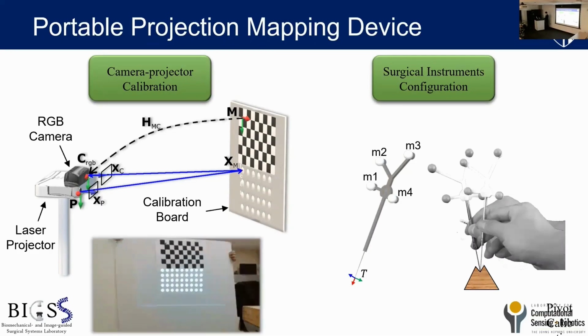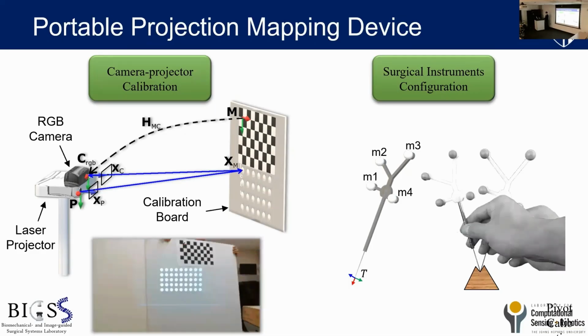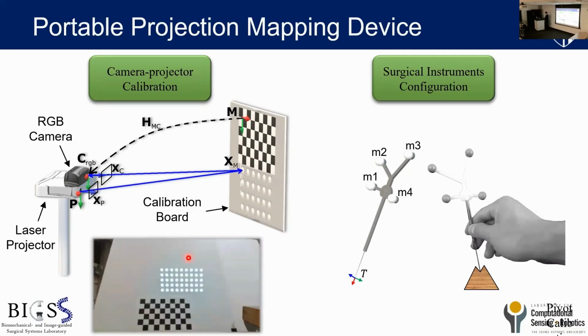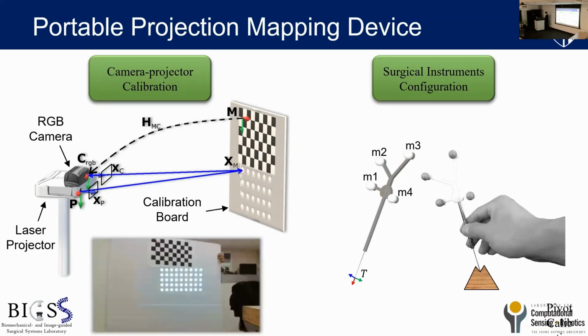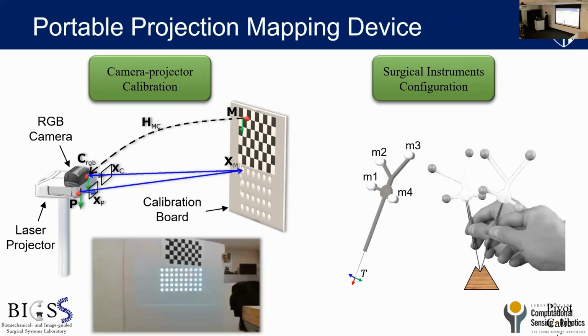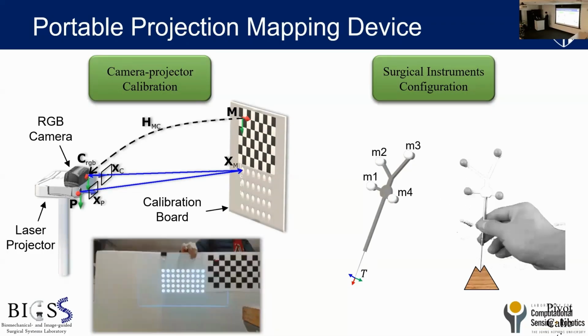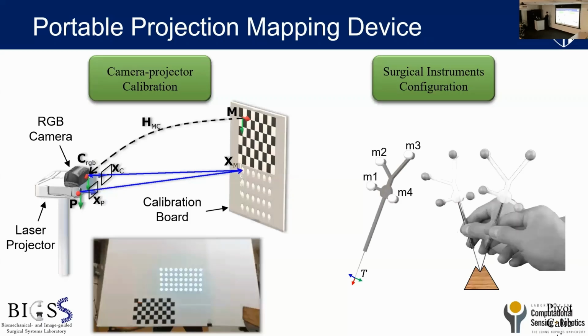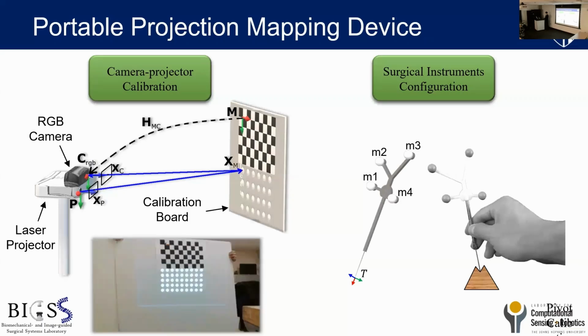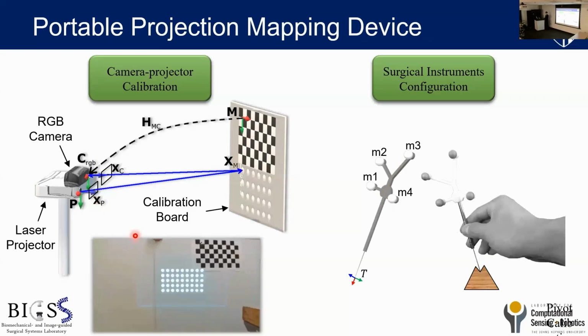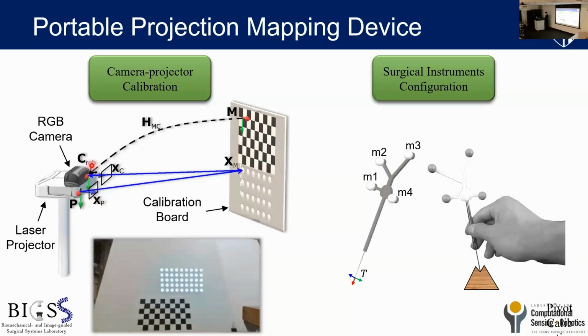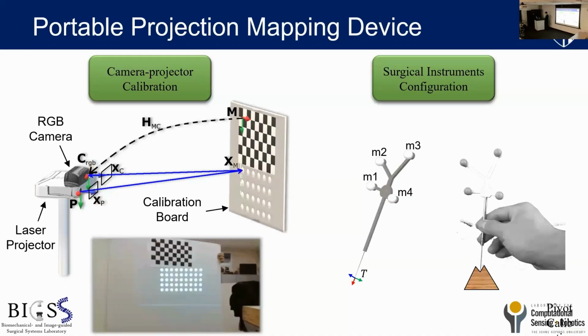We hold the calibration board in front of the camera in different poses while the camera captures images, and the projector is projecting a circle dot pattern. The calibration is based on stereo vision calibration. We are treating the projector as a camera. Therefore, we can compute the transformation between the camera and the projector.